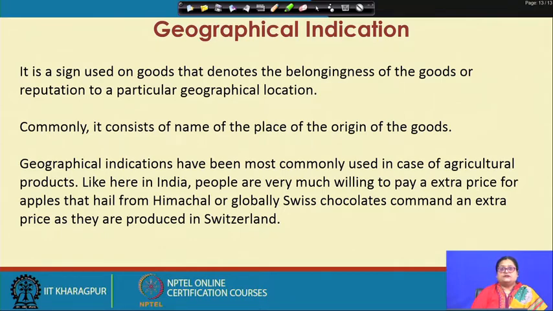Here in India, people are very much willing to pay an extra price for apples that hail from Himachal Pradesh, or globally, Swiss chocolates command an extra price as they are produced in Switzerland.